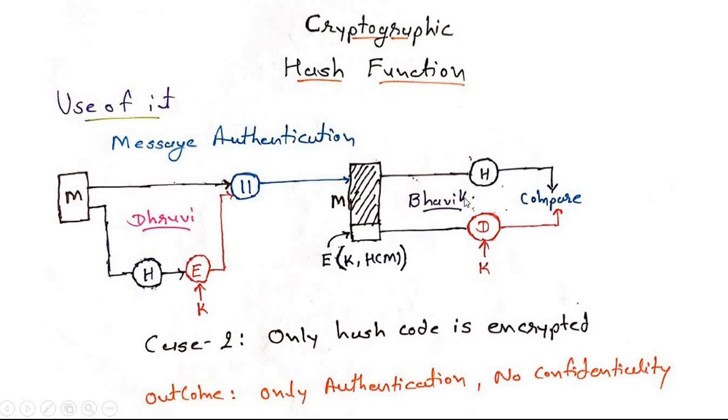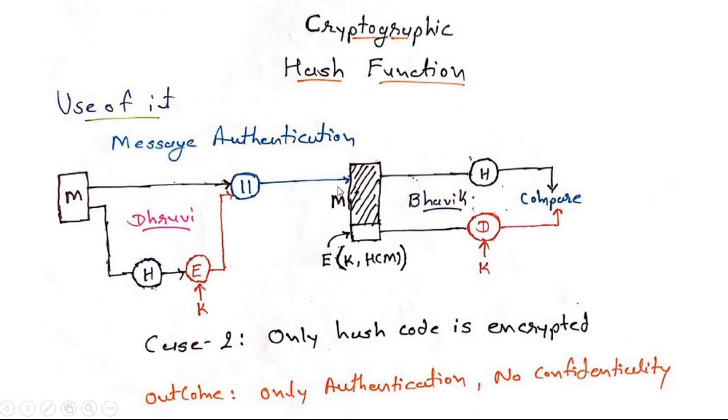So whenever Bhavik decrypts the hash code and compares it with the message, if both are the same, it means Bhavik received the actual message. But the thing is that there is no confidentiality; there is authentication only. Bhavik will be able to know that this message was forwarded by Dhruvi.